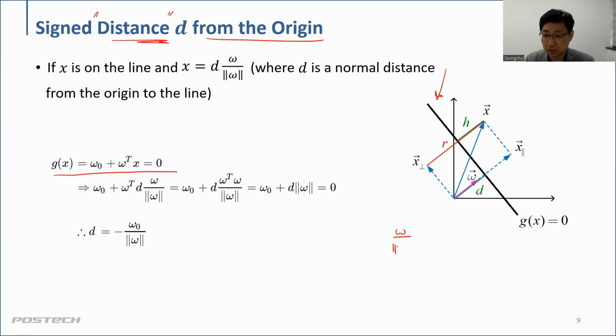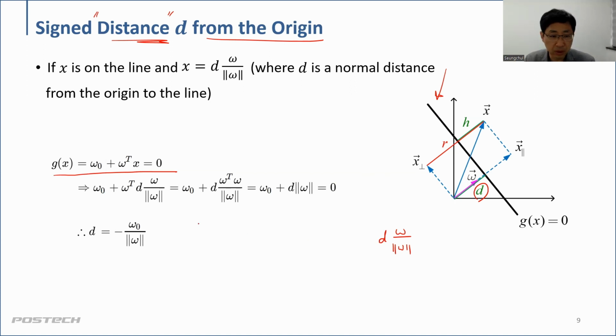It's orthogonal to the line, but we divide by its length, so it's normalized, a unit vector of omega. We want to compute the distance. We don't know it yet, so it's unknown. D is the distance.